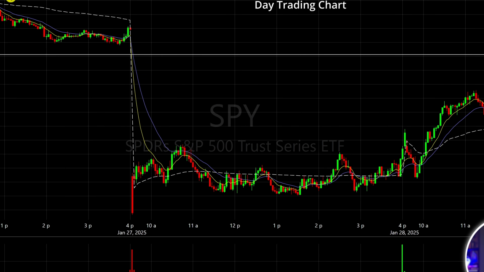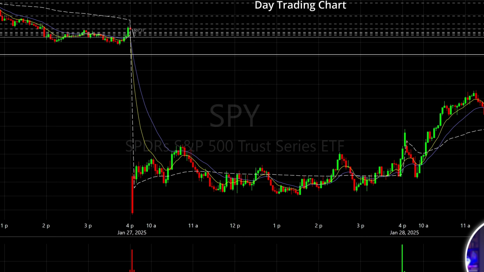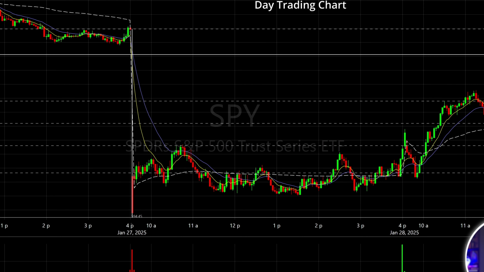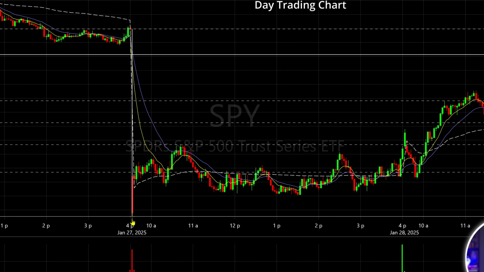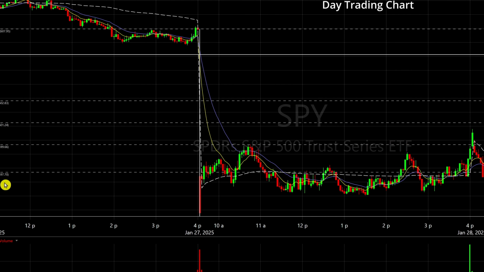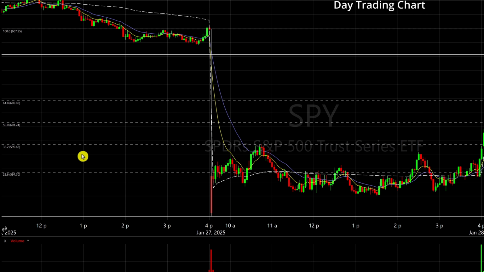What you do, you just grab this and you go from the close of this day and you go all the way down to the initial morning low. And that's your 23.6, and that's your 38.2, and that's your 50. I only use those three lines, guys. I don't depend on anything else. But look how it actually matched up over here with the 38.2.